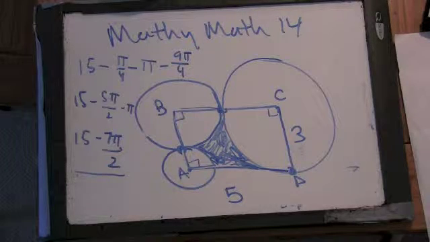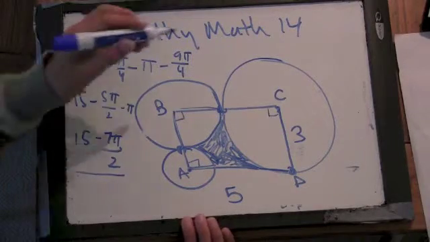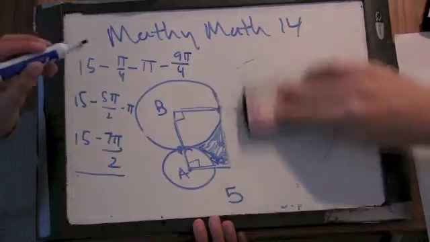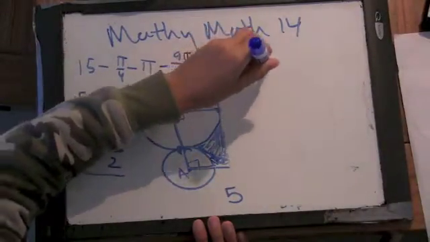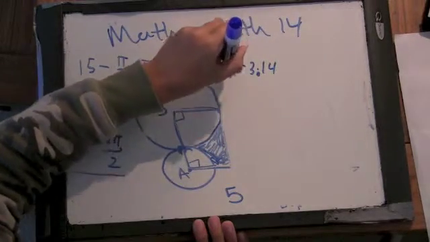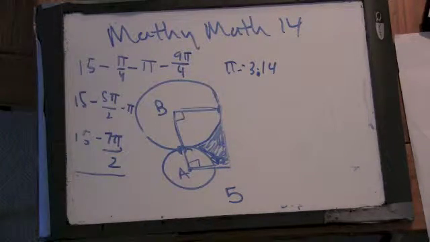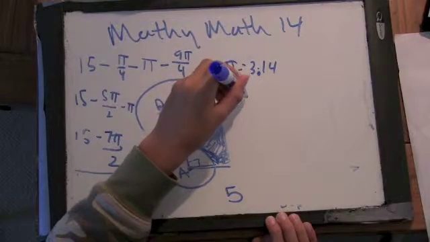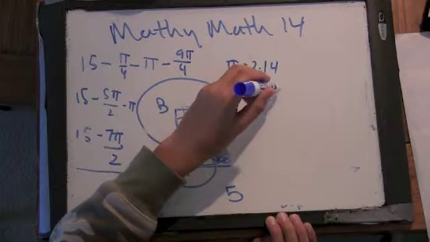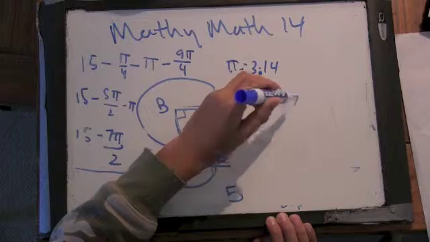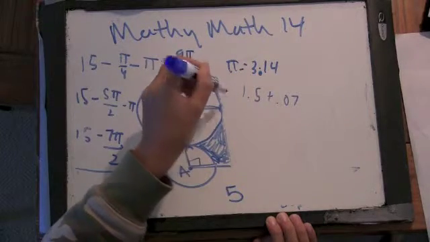All right. Well, if we see that pi is about 3.14, so pi over 2 equals, well, 1.5 from the 3 and then plus 0.07, about.